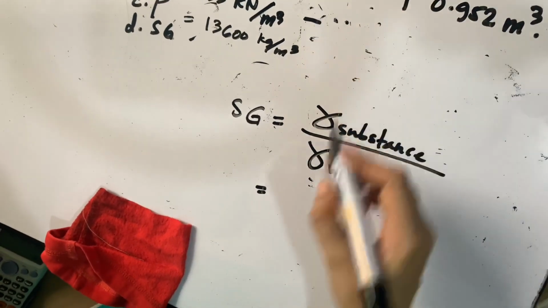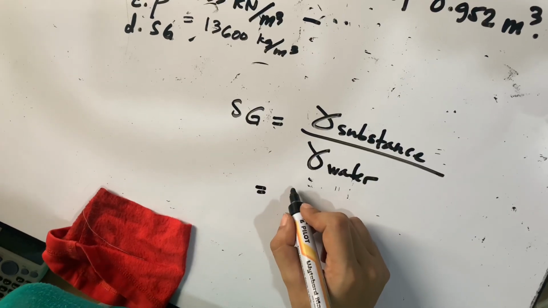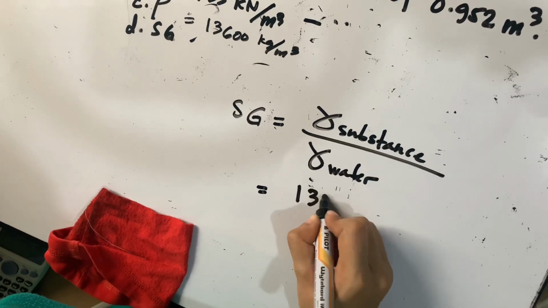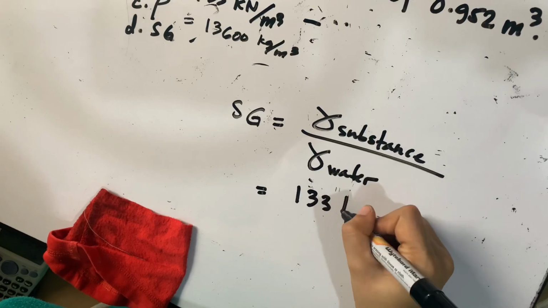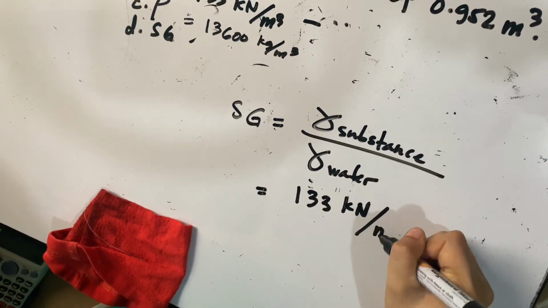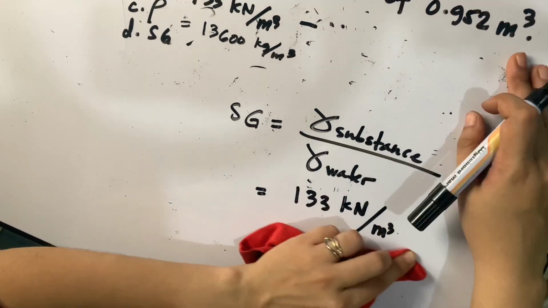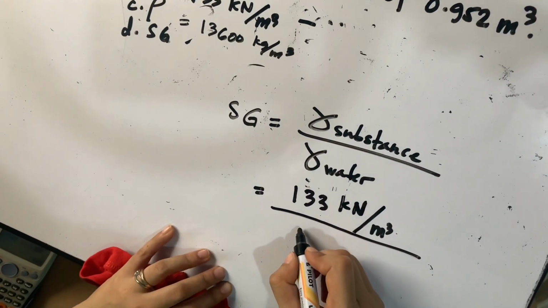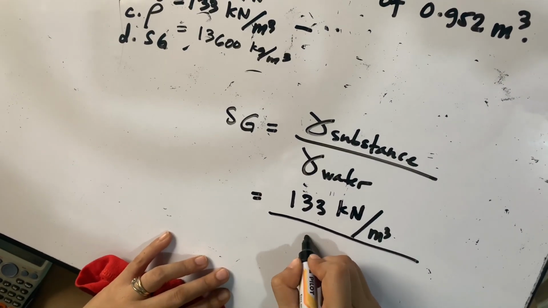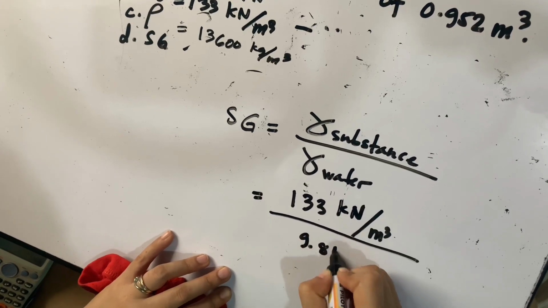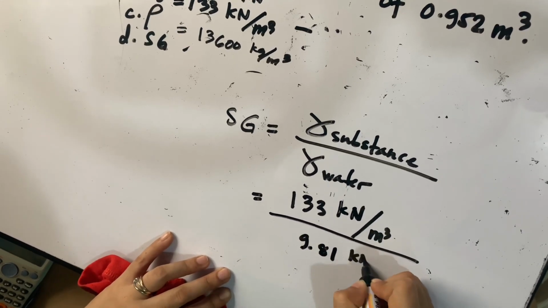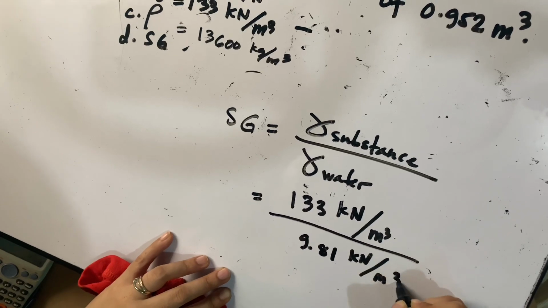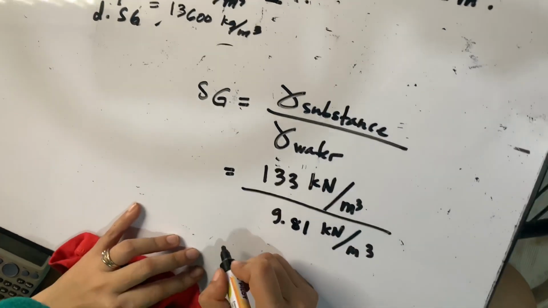The one we solved earlier, it is 133 kilonewton per cubic meter, divided by the specific weight of water, which is equal to 9.81 kilonewton per cubic meter.